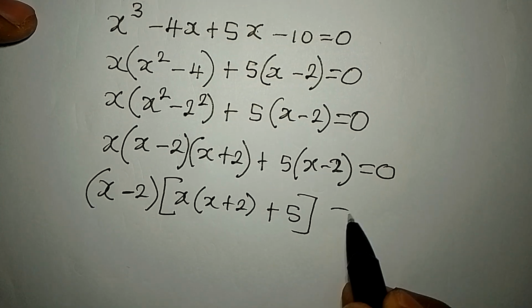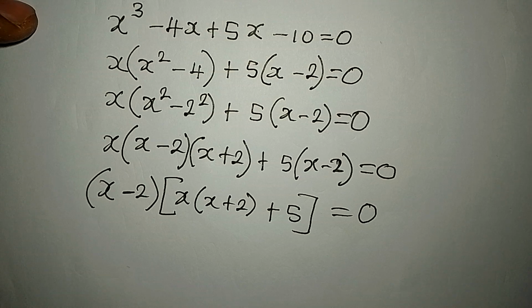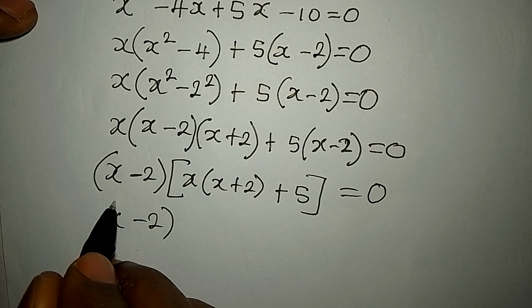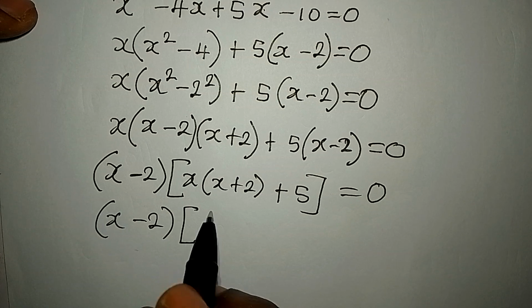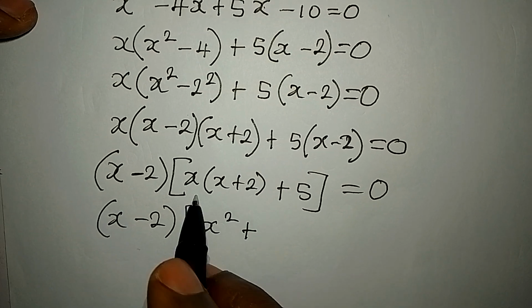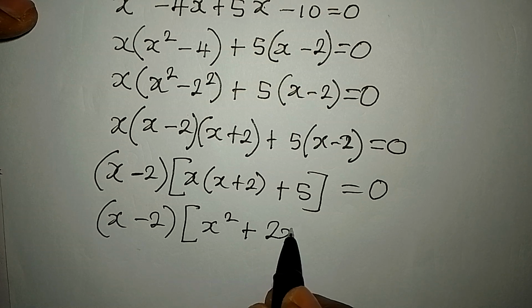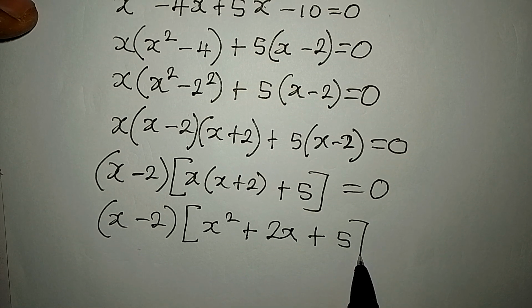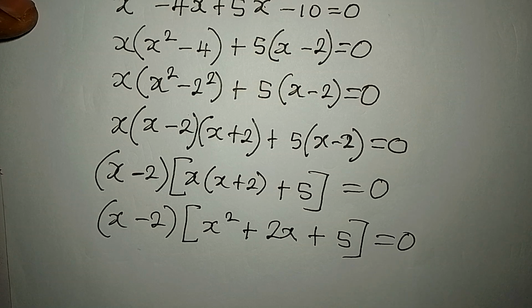So this is equal to 0. Now we have x minus 2 as the common factor. Then x times x is x squared, plus x times 2 is 2x, then plus 5. Close the bracket and equate to 0.